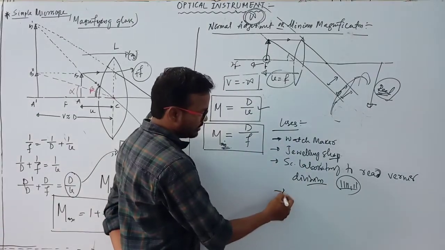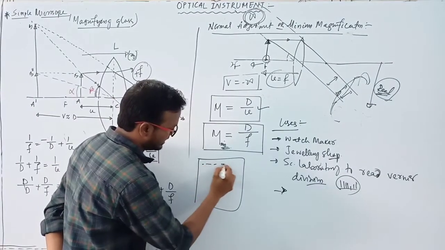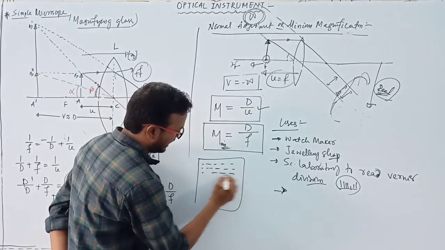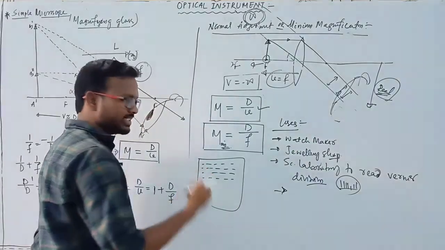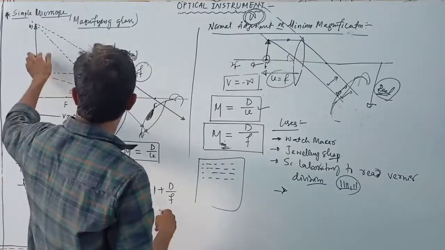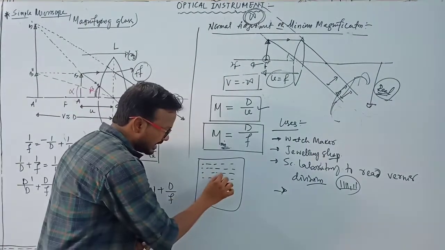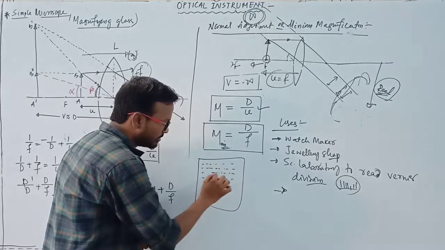Or another important use: suppose there is a printed page with very small letters which are not visible at our distinct vision. Here if we use a lens, which is known as a simple microscope or magnifying glass, the printed lines become clearly visible to us.